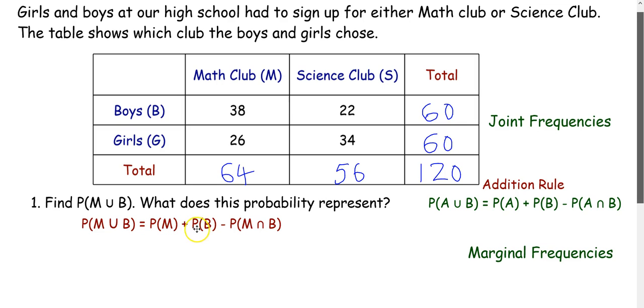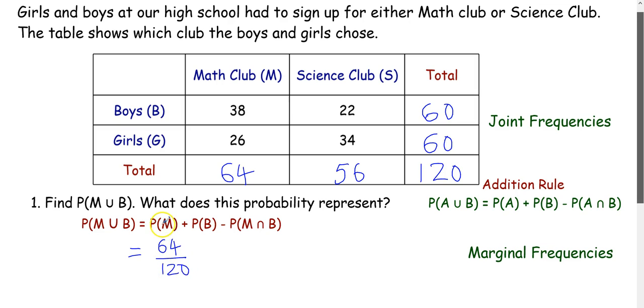All these P's are probabilities. Now, what is the probability of math? What is the total number of students in the math club? That is 64. The probability of finding a math student is 64 out of a total of 120.